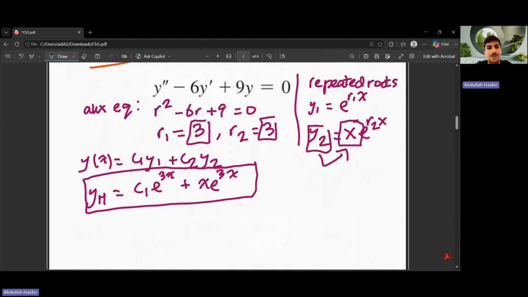If you have repeated roots, r1 equals 3 and r2 equals 3, you have to put an x here for the second repeated solution to maintain independence, as I said before. So y1 is e power r1x, and the second one, y2, will be x times e power rx.